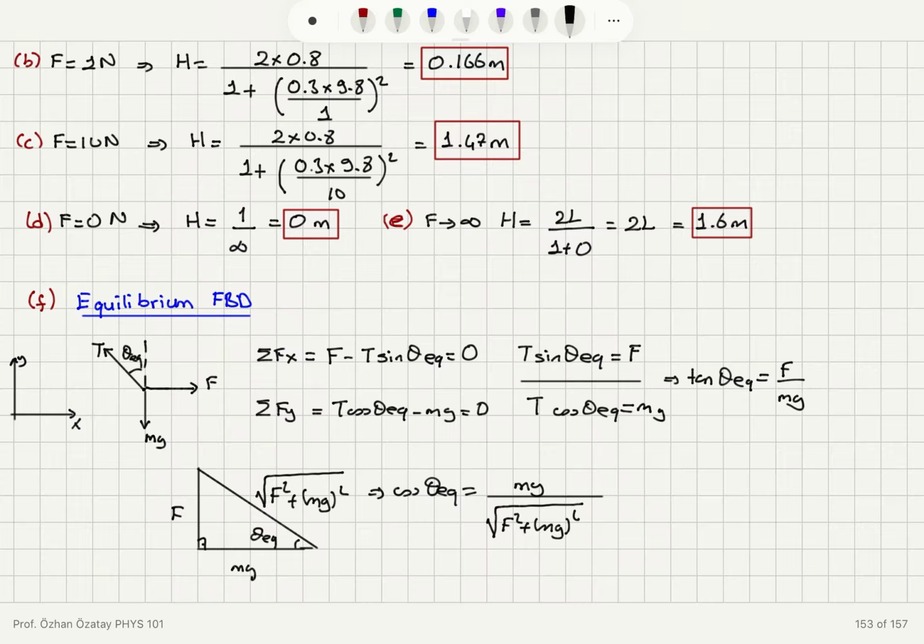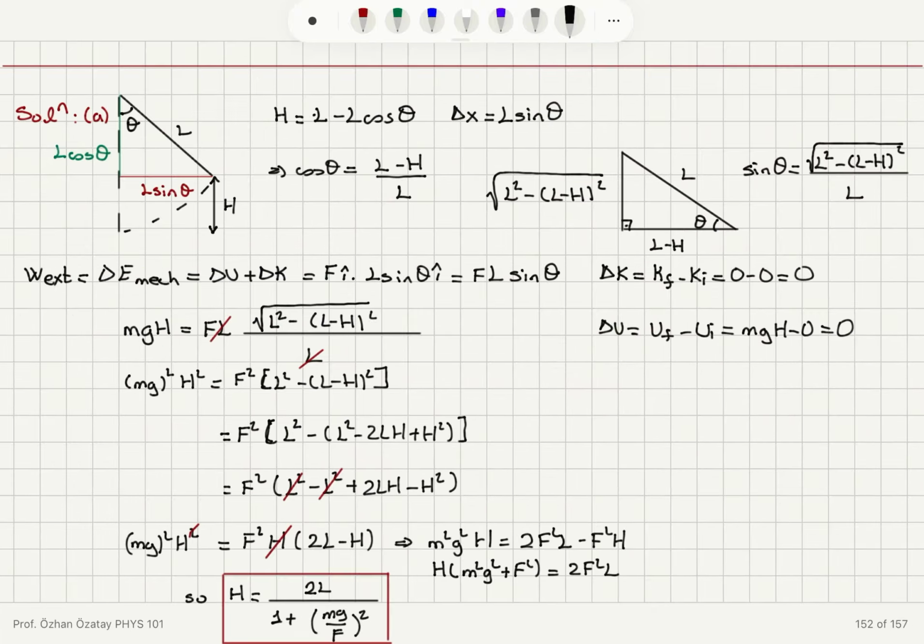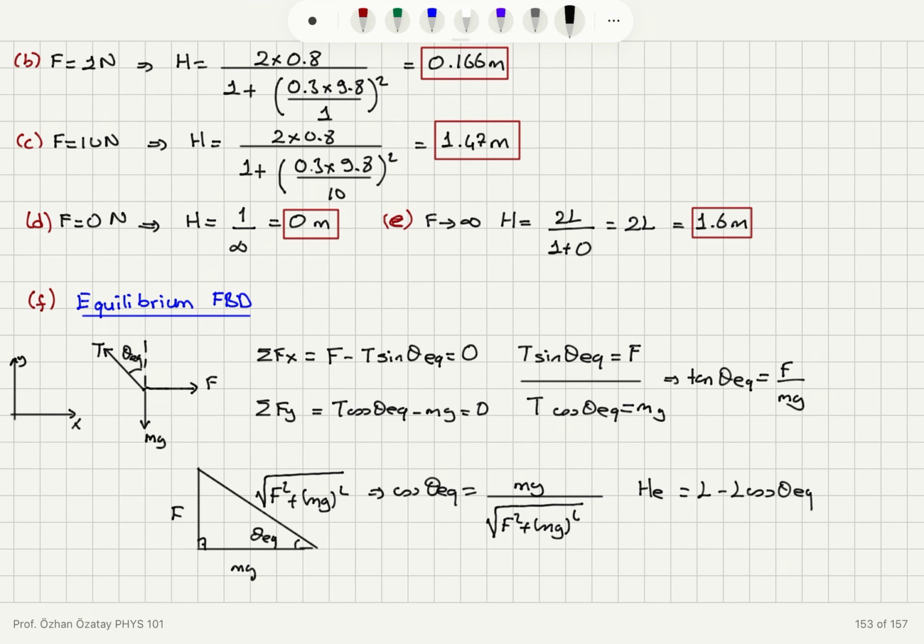So the equilibrium value of h will be L minus L cosine theta equilibrium. If you remember from this geometry, if this is theta equilibrium, then it will be L minus L cosine theta equilibrium, which will be equal to L times 1 minus cosine theta equilibrium.